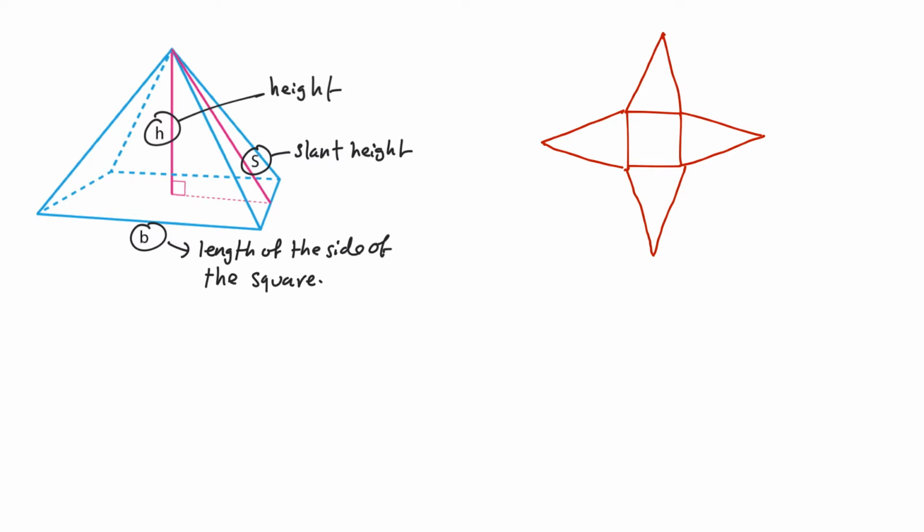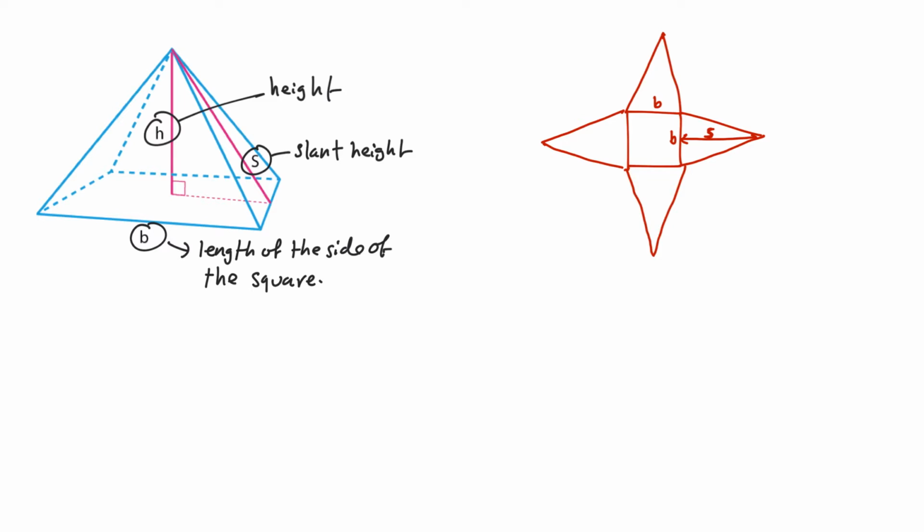So in terms of lengths, this would be B, this would be B. From here to here, this height over here would be called the slant height, because when we fold this side up, it becomes this, and the height over here is the slant height. And we can't see the actual height, the non-slant height, from the net here.